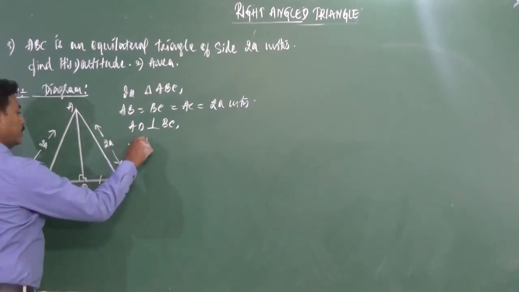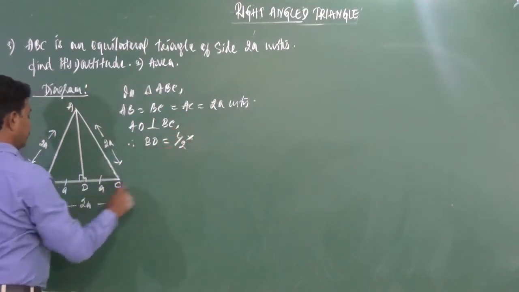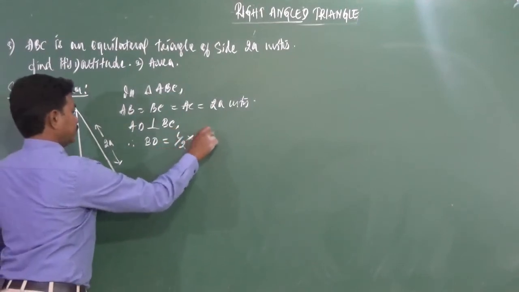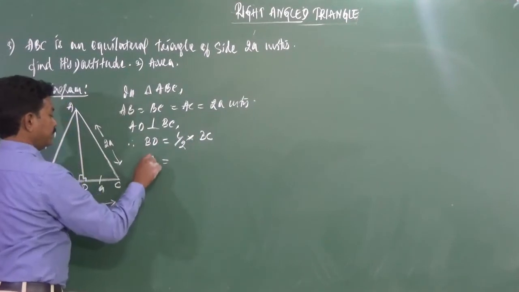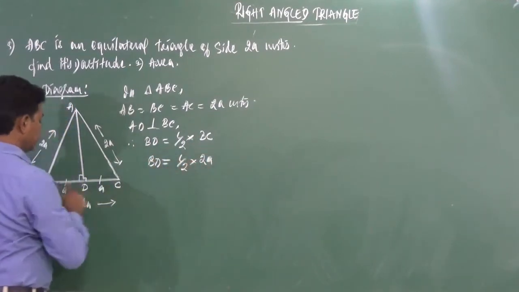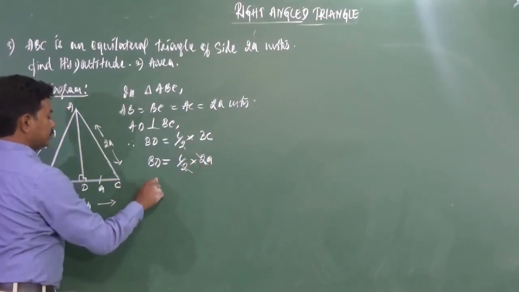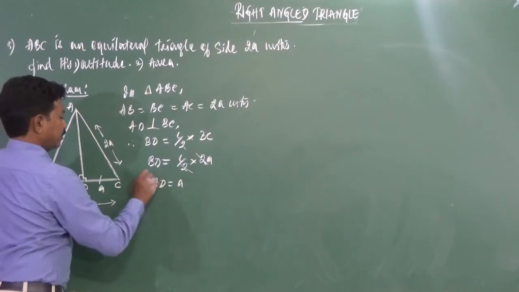Therefore BD is equal to half into BC. That is BD is equal to half into 2A. Entire BC is 2A units. So 2 and 2 cancel. So BD is A units.